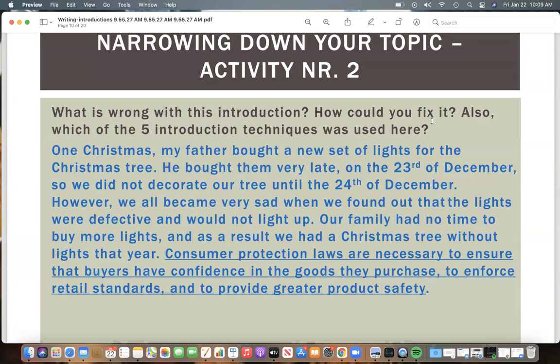So, okay, this thesis, which is the underlined sentence, is obviously related to the little story that they told, which, by the way, which of the 5 introduction techniques was used here? Personal anecdote, little story from this person's life. But as the readers, we're really having to connect the dots between this anecdote and the thesis, and we shouldn't have to.